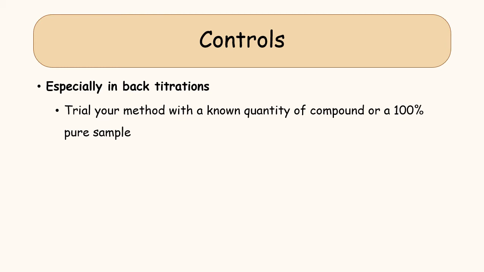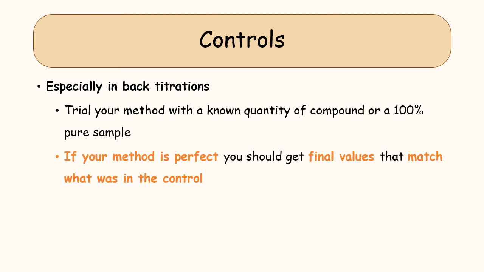So if we're talking about using an exact quantity, that would be using a pharmaceutical grade sample of aspirin that has a specific dose in it, or a vitamin C tablet that's got a specific dose in it. Or if you're doing something like marble, you'd want to test it with some pure calcium carbonate.